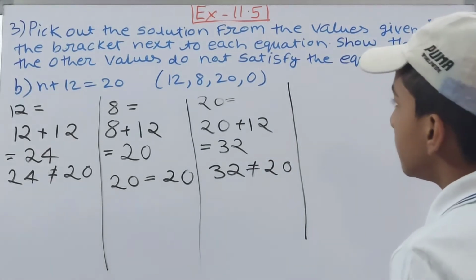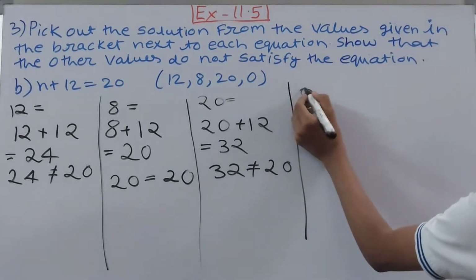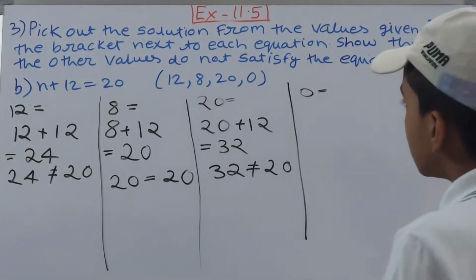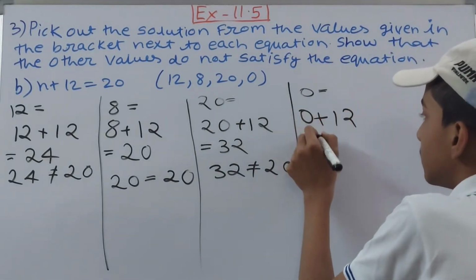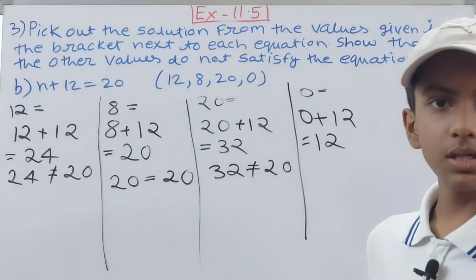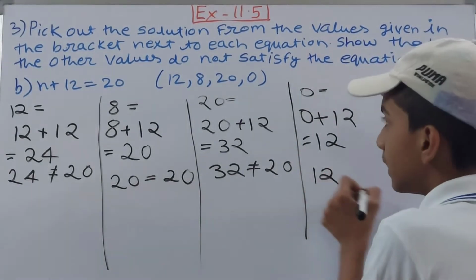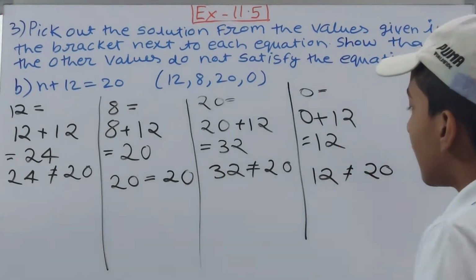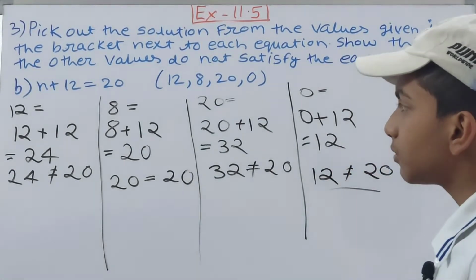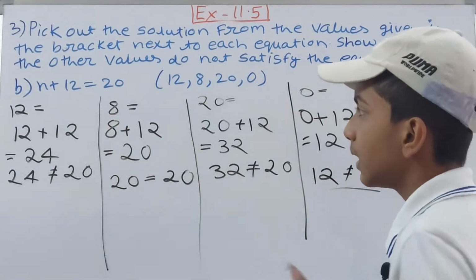And then finally 0. For 0, h will be 0 plus 12, that is 12 only, right? Now 12 is equal to 20, no, it is unequal. So this is also not satisfying. So the only value which is satisfying is 8.